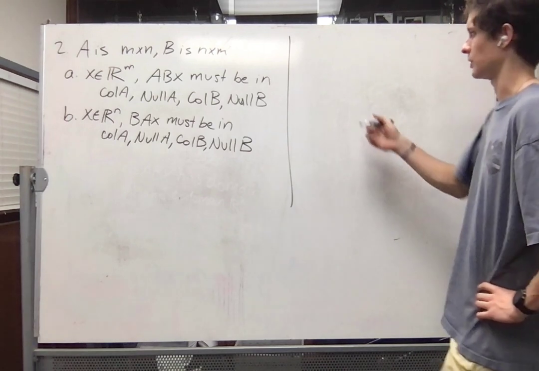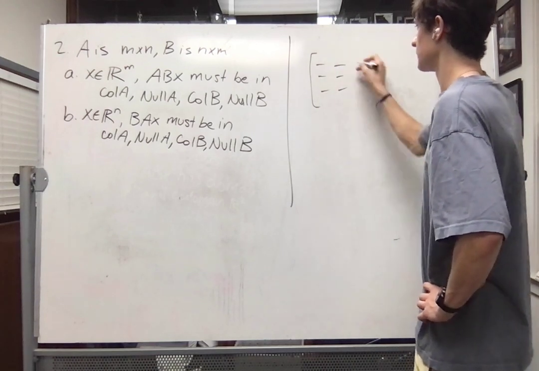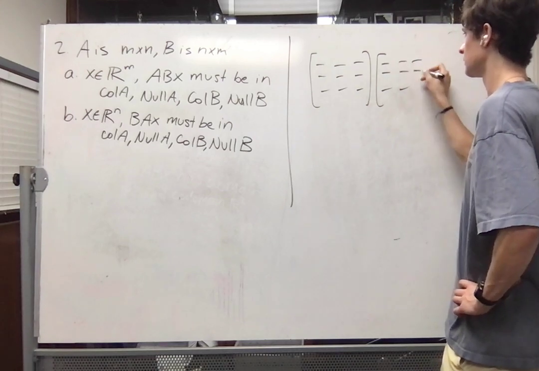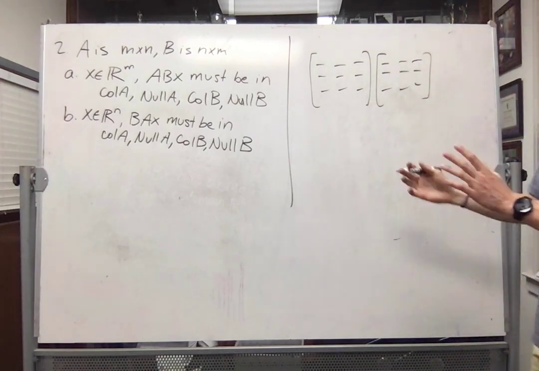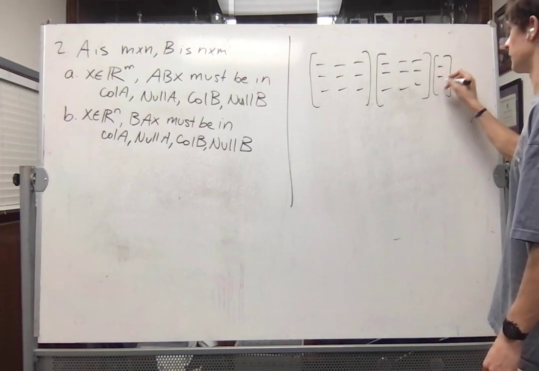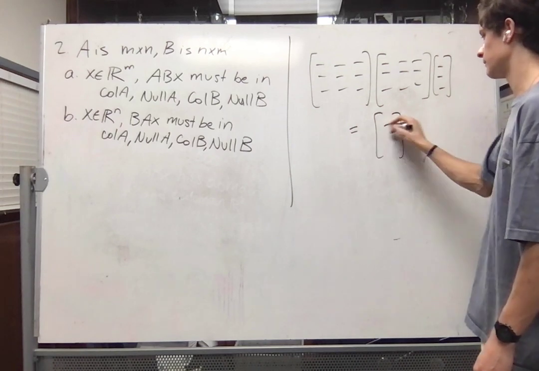So let's draw A. A is some sort of matrix. B is some sort of matrix. This is not to scale at all, obviously, but I just want to picture it. x is going to be some sort of vector, and they're all going to equal some sort of vector.